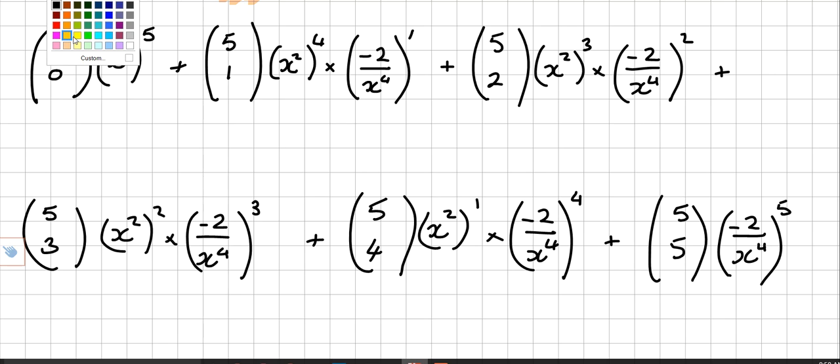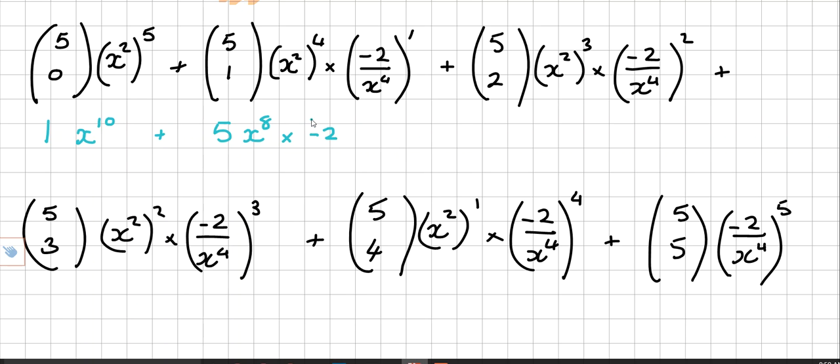So let's do it in parts then. So 5, 0 is 1 times x to the power of 10, plus 5, 1 is 5, and then we've got x to the power of 8, then we've got to multiply by minus 2 all over x to the power of 4, which you can see is going to simplify. I'm not going to do it yet, I'm just going to keep it organised, step by step, so I don't lose track of where I am.